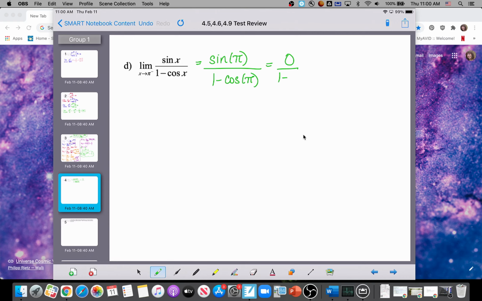So I have 1 minus negative 1 in my denominator, which gives me 0 over 2, which is an answer of 0. So this was not an indeterminate form to begin with. Therefore, we did not need to and shouldn't have done L'Hopital's rule. We could evaluate this limit immediately doing direct substitution. Just make sure that you always check before you apply L'Hopital's rule.